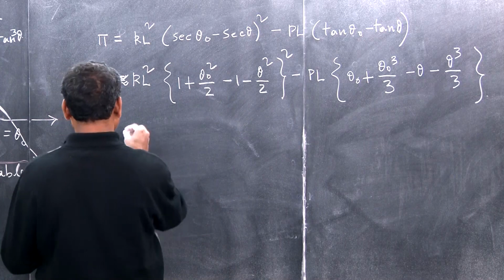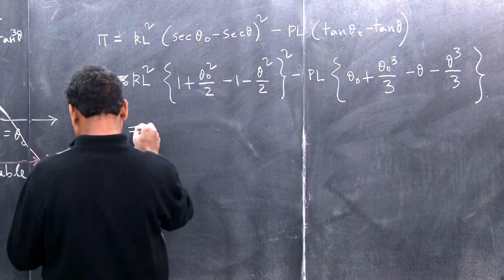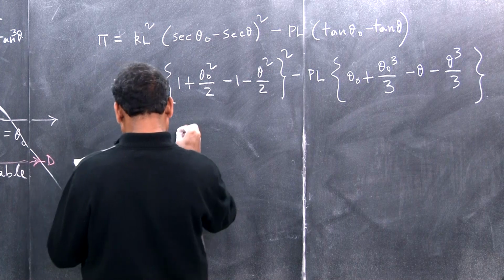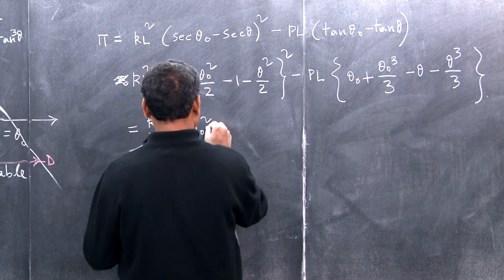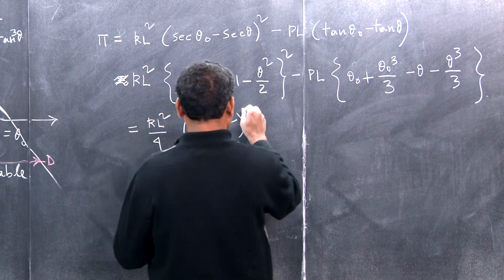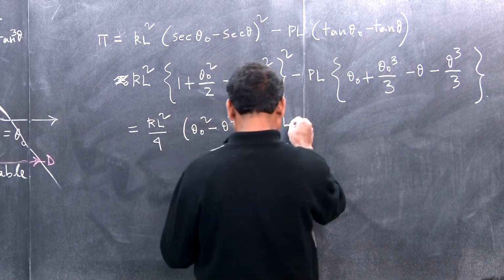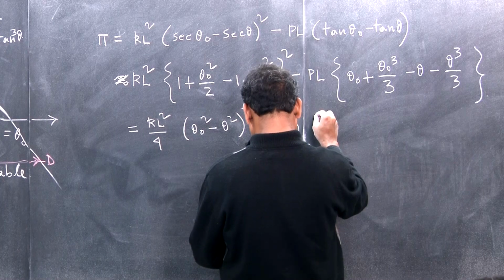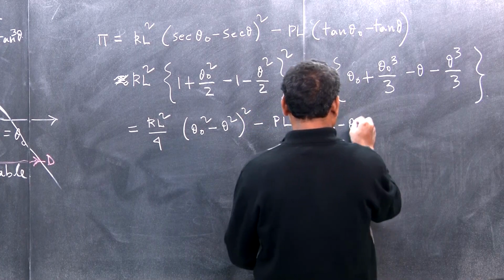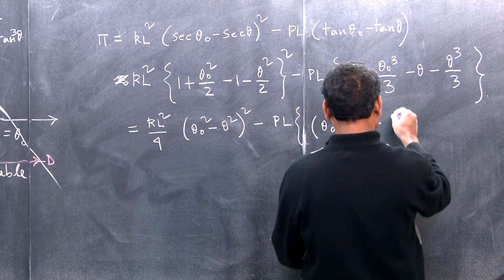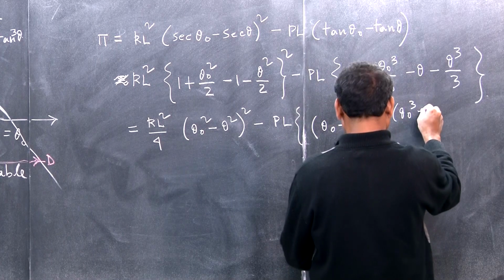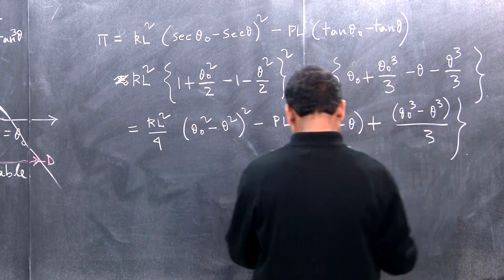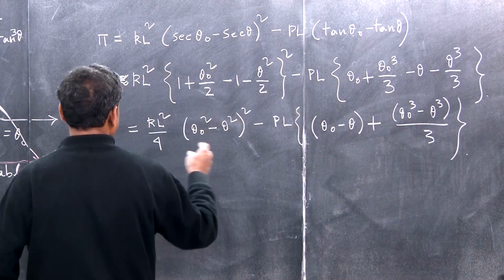So then I will simplify it further: k L square by 4 (theta 0 square minus theta square) square minus P L (theta 0 minus theta plus (theta 0 cube minus theta cube)/3).